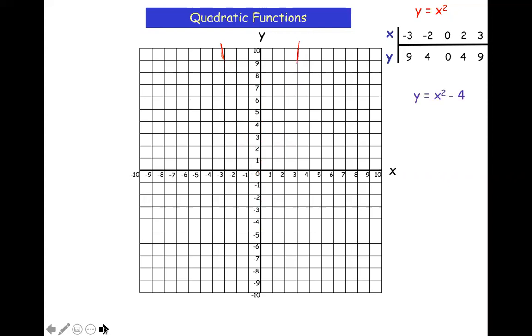Now, if you are trying to draw x squared minus 4, same method. You just put a few points. So when x equals -3, -3 squared is 9. 9 minus 4 is 5.